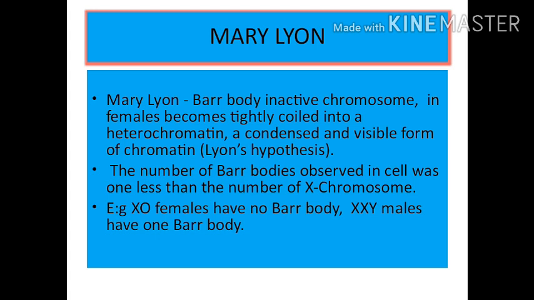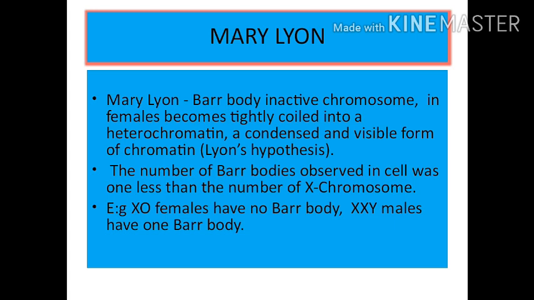Barr bodies help to identify the sex of the animal. The number of Barr bodies is always one less than the number of X chromosomes. For example, when there are 2 X chromosomes, the number of Barr bodies will be 2 minus 1, which is 1. If there is no Barr body, the sex is said to be male.